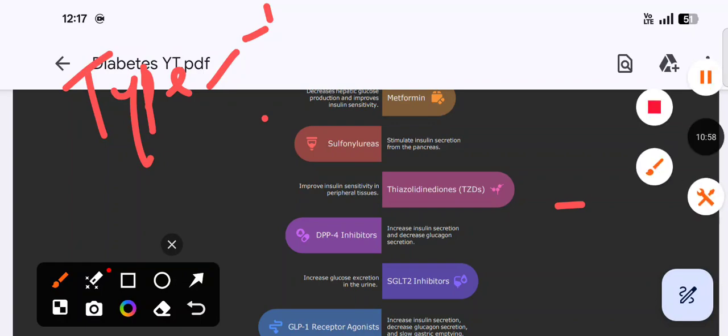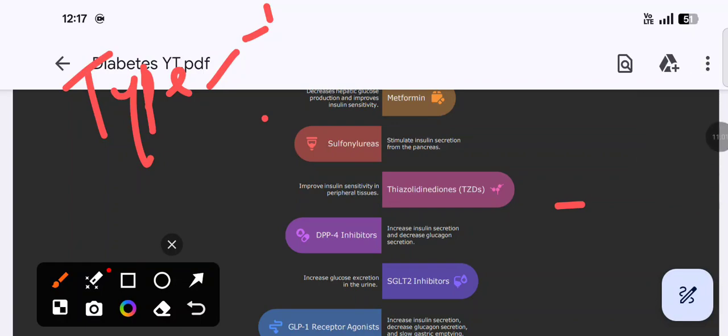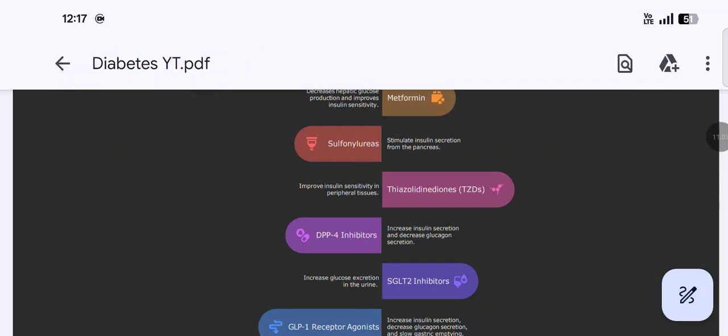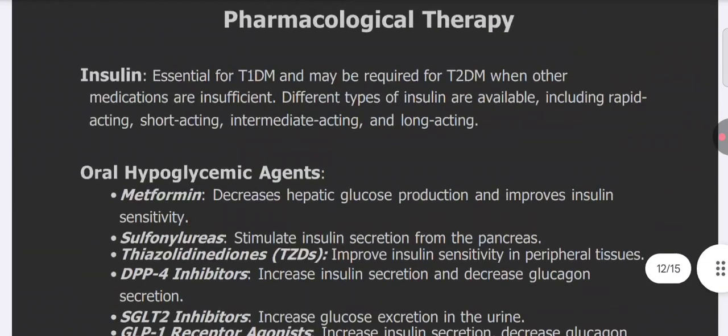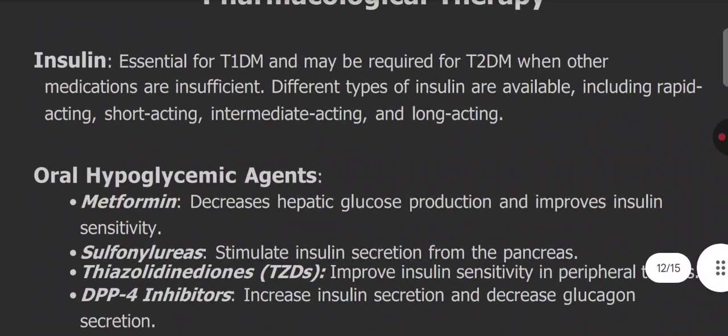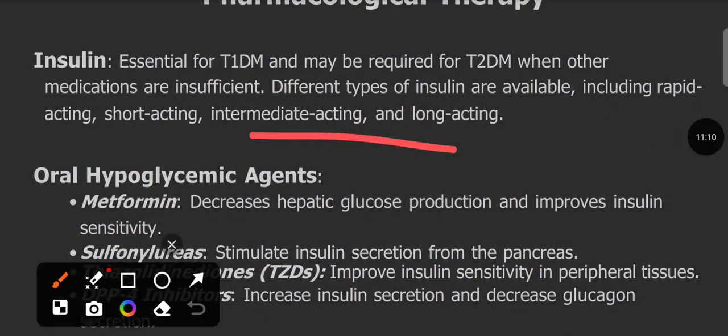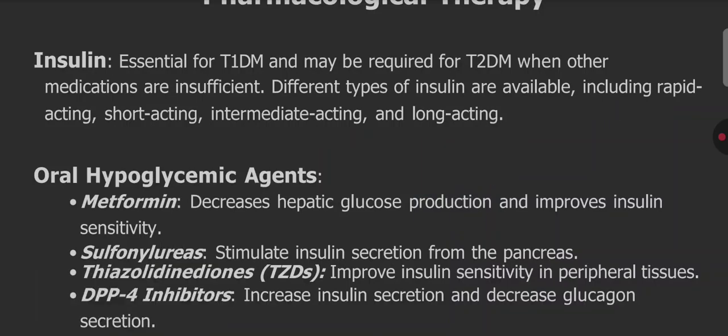That is his therapy. We mostly get four types of insulin in the market: rapid acting, short acting, intermediate acting, and long acting, based on the time of their action, like how fast they act. Inside these groups there are different types.